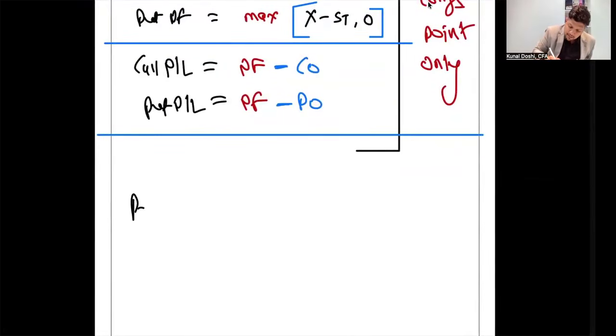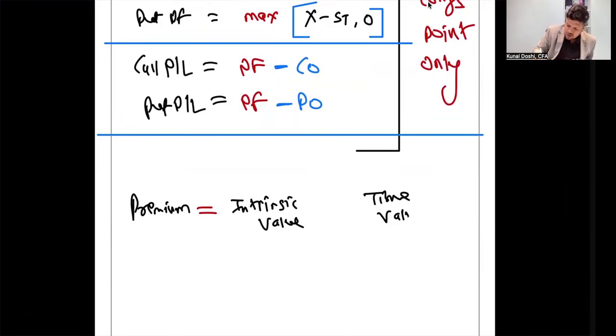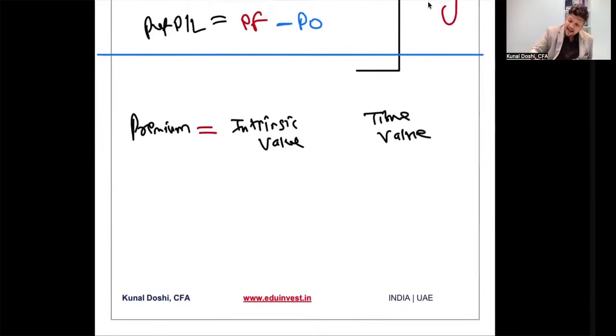Let me know what the premium is made up of. Premium is made up of two components. Can you tell me which two components? Intrinsic value plus time value. And intrinsic value is the amount by which the option is in the money.